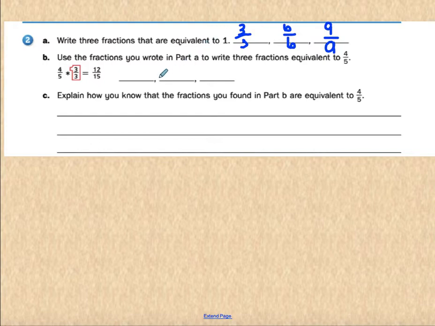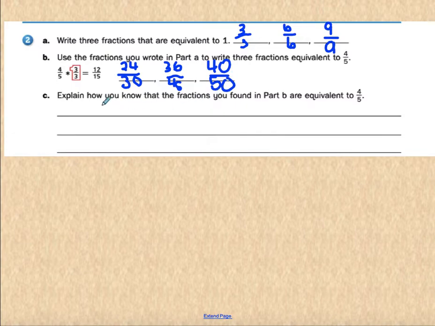I'm going to do my 6/6, so 4 times 6 is 24, and then the denominator, 5 times 6 is 30. I'm going to get some big ones here. Then 9 times the 4 is 36, and 5 times 9 is going to be 45. And if I wanted to go 10, I could. 10/10 would end up being 40 over 50, 40 50ths. It's hard to say too.